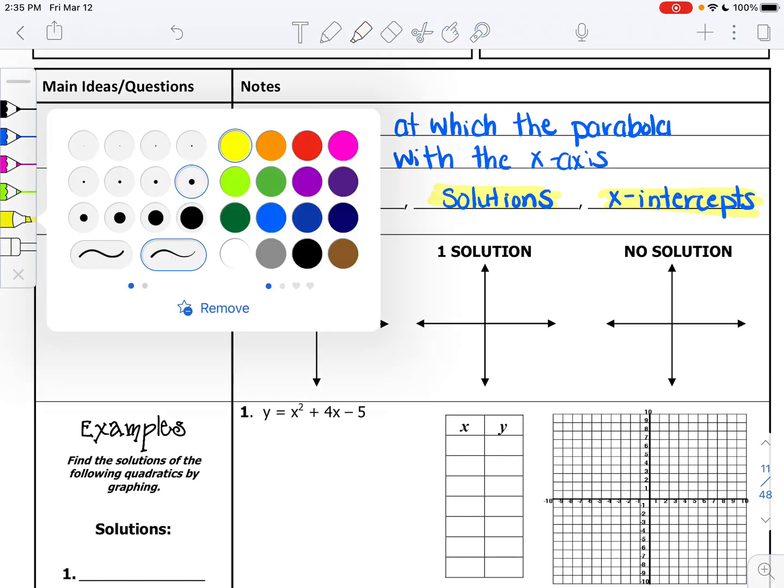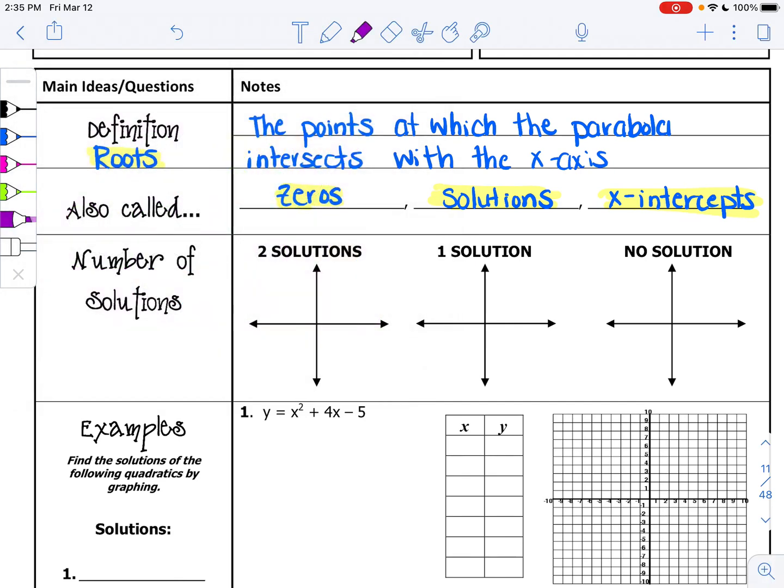So depending on what your parabola looks like for your quadratic depends on how many solutions you have. If your parabola has two solutions, it might look like this one, meaning it crosses your x-axis at 2 points.